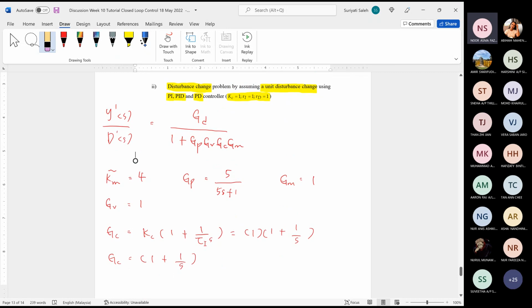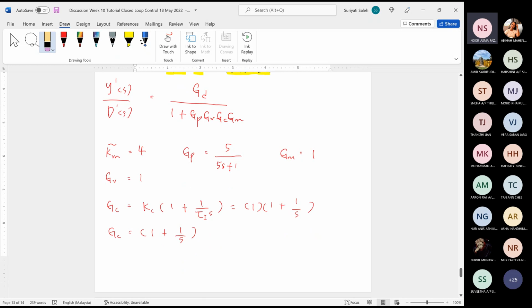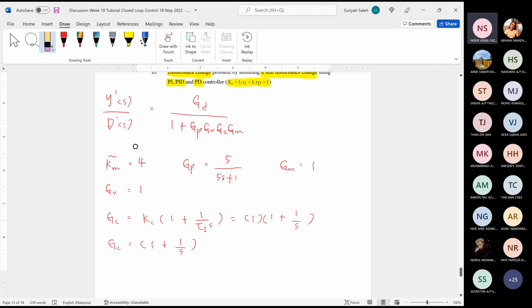All right, we have the values from the previous example: Km bar equal to 4, GP equal to 5 over 5s plus 1, GM equal to 1, GV equal to 1, and the GC by substituting Kc 1 and tau I 1, you get like that. And lastly, you require the GD, the disturbance transfer function. So what is your GD?